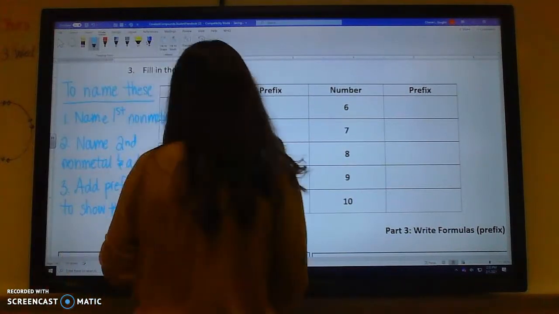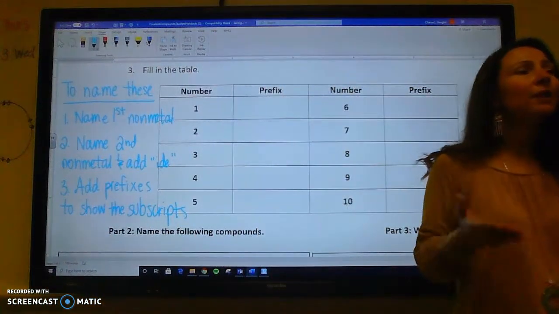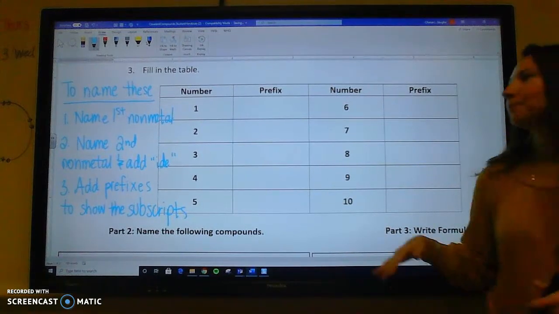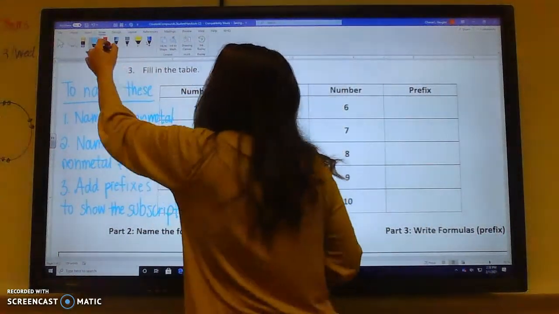So we have to add prefixes to represent what those subscripts are. Pre means what? Before or after? Before. So prefixes are going to go before the name.